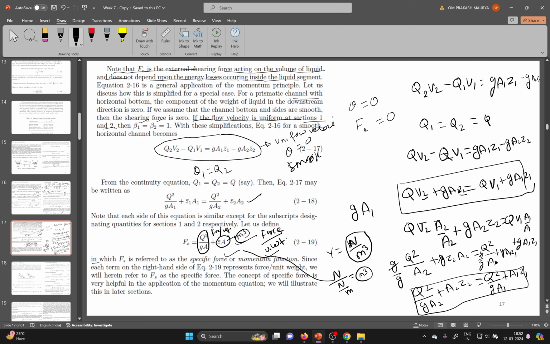So this thing is force per unit weight of water. Always remember, very very important. Sometimes in the interview, people ask why this term is known as the force because it has the unit of volume. The reason is that each term represents the force per unit weight of water. So it is very very important.